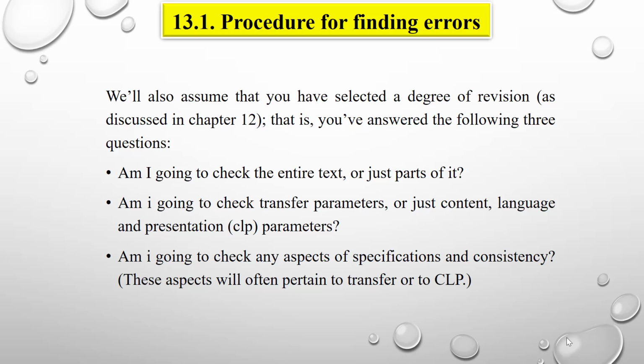Am I going to check the entire text or just partially? Am I going to check transfer parameters or just content, language, and presentation parameters? We also say CLP to be short. Or am I going to check any aspects of specifications and consistency? These aspects will often pertain to transfer and CLP parameters.